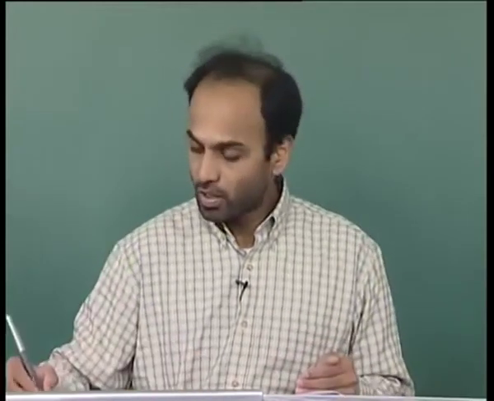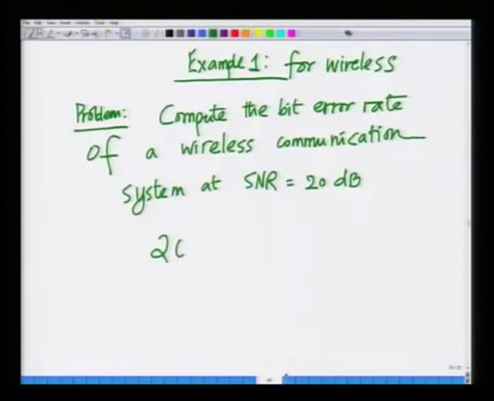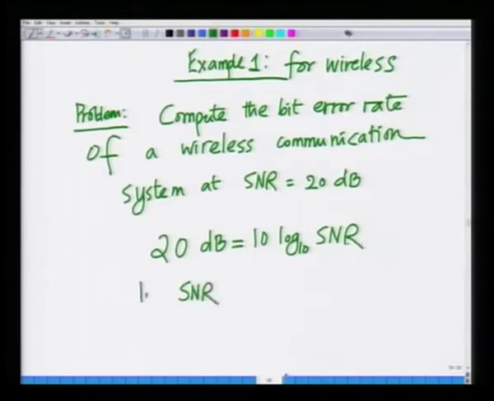So, let us compute the SNR value corresponding to 20 dB. 20 dB equals 10 log 10 of SNR, which means log 10 of SNR equals 2, which means SNR equals 10 squared, which is 100.